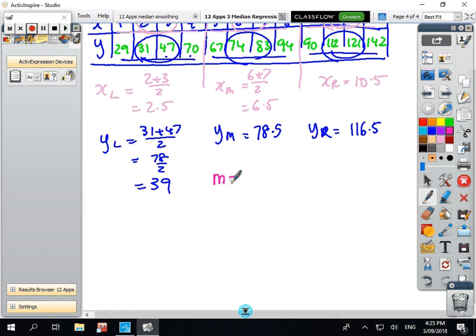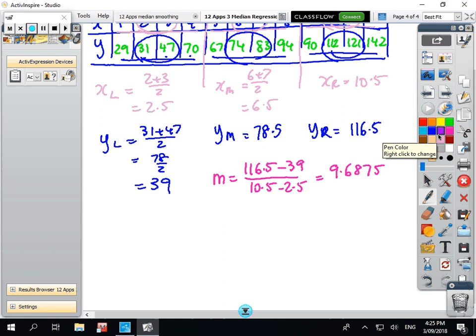The gradient is 116.5 minus 39 divided by 10.5 minus 2.5, and when I did that on my calculator, I got 9.6875.